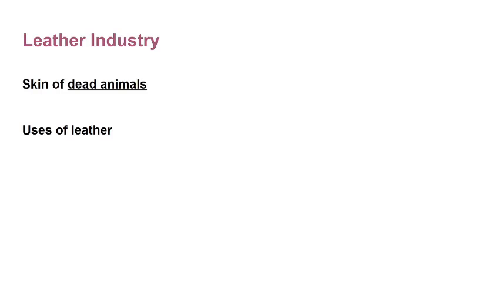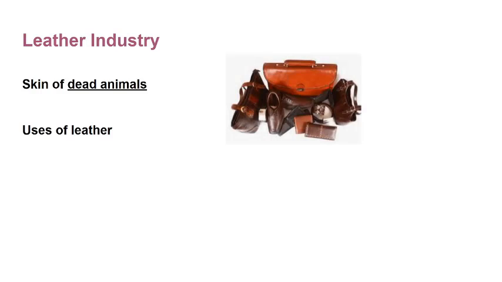Leather industry is a very old manufacturing sector and it produces a broad range of leather footwear, leather bags, leather garments, etc. Leather industry had a prominent place in ancient India.